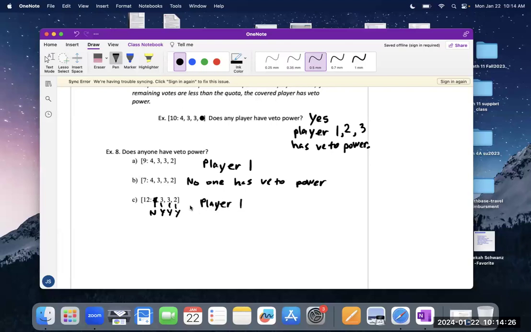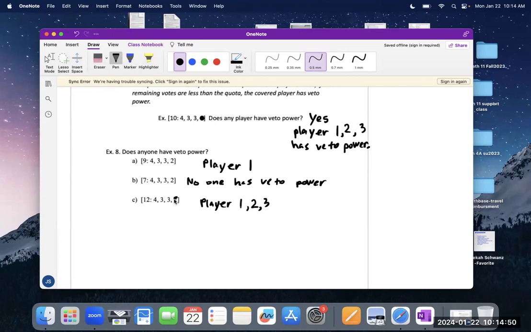Okay, let's see if player 2 has veto power. So if I cover him and then do 4 plus 3 is 7, plus 2 is 9, we still don't have enough power. So player 2 is also a veto power person. And player 3, because they have the same amount of points.